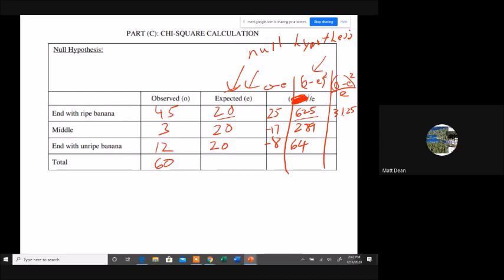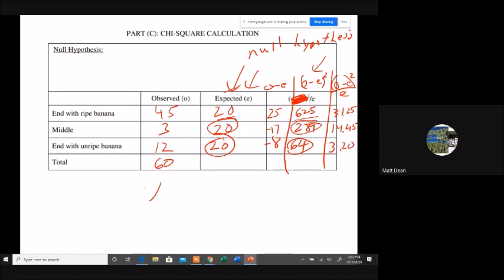Next, we're going to have the 289 divided by 20. So that's 14.45. And then finally, the 64 here divided by the 20 there. So that gives us 3.2.